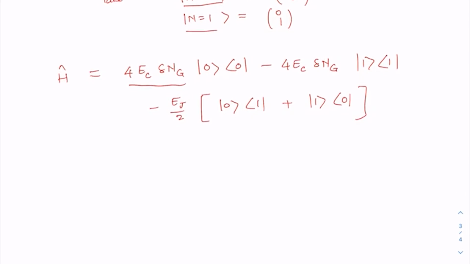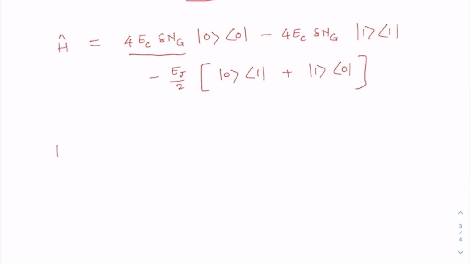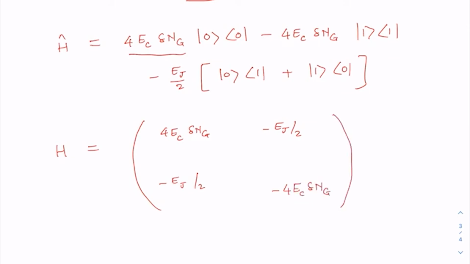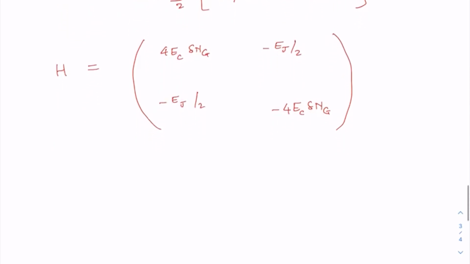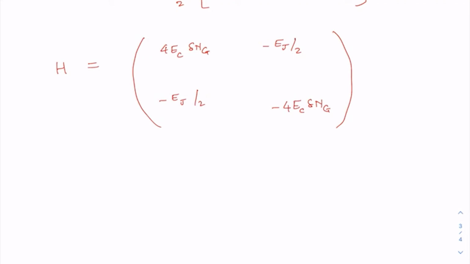Therefore, immediately we see that we are actually getting a two-level system Hamiltonian, which can be expressed in matrix form by this 2 by 2 matrix. We have 4 EC delta Nz, and here minus EJ by 2, minus EJ by 2, minus 4 EC delta Nz. So that's how we obtained a two-level system out of a Cooper pair box if we focus ourselves near the degeneracy point Nz is equal to half.